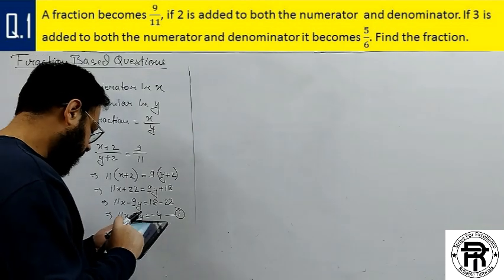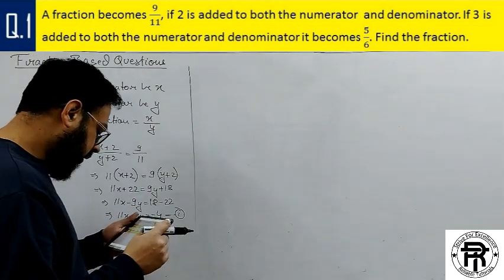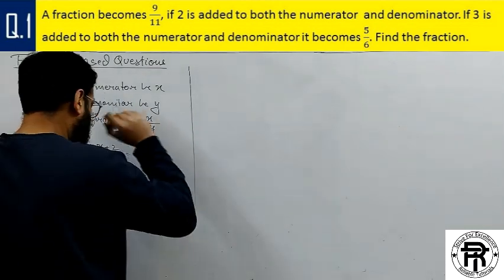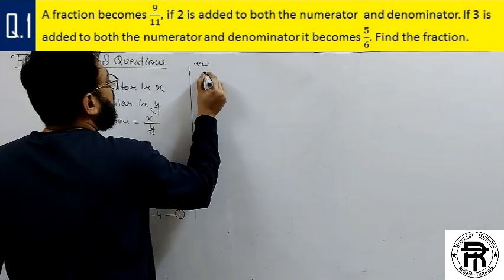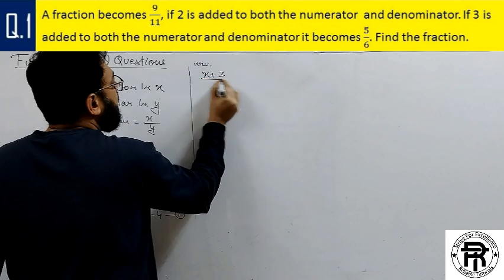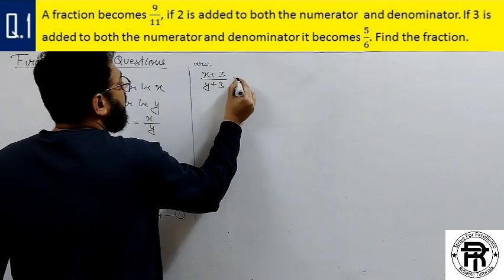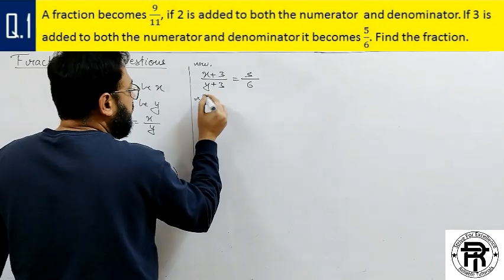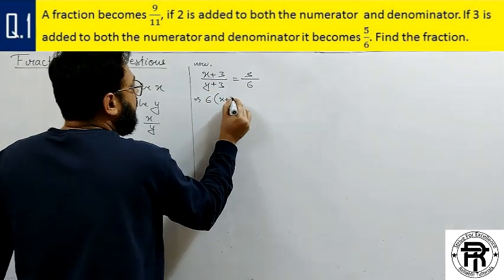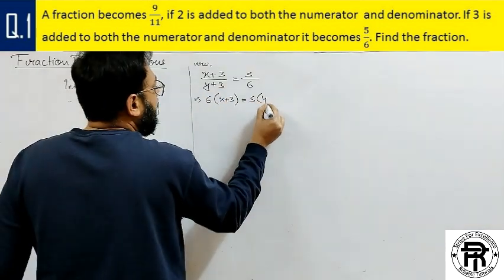न्यूमरेटर में भी 3 ऐड कर दिया, डिनोमिनेटर में भी 3 ऐड कर दिया, the fraction becomes 5 upon 6. Then the cross multiplication, 6 into (x plus 3) is equal to 5 into (y plus 3).